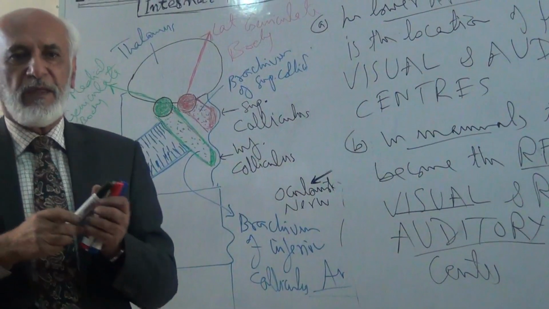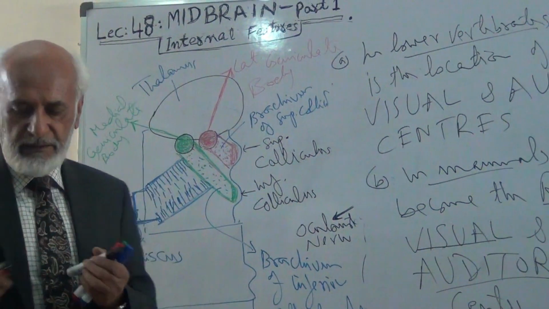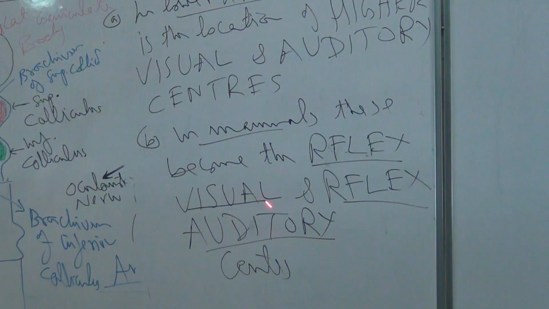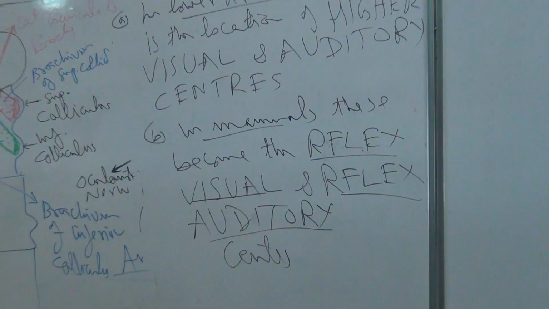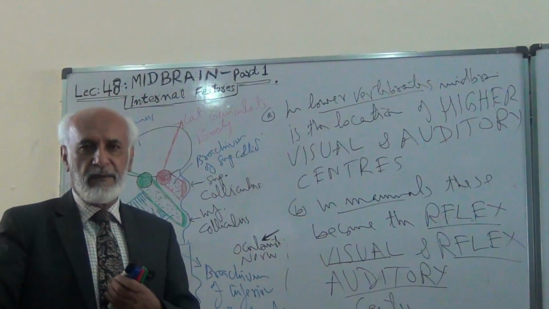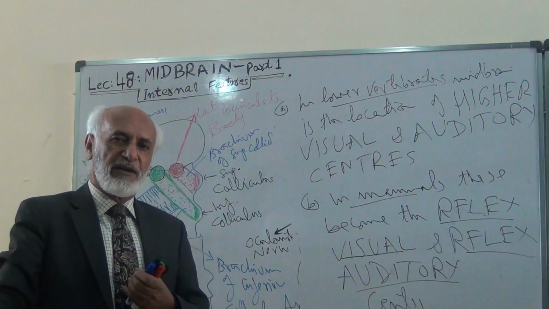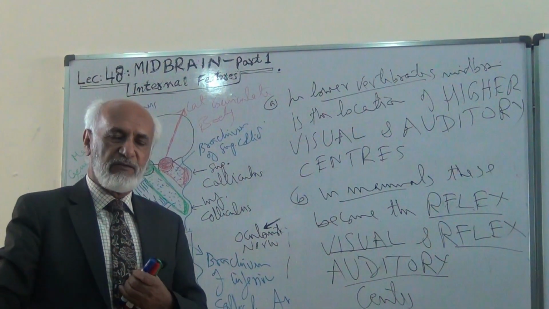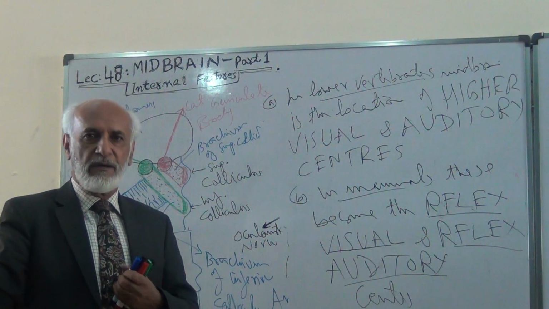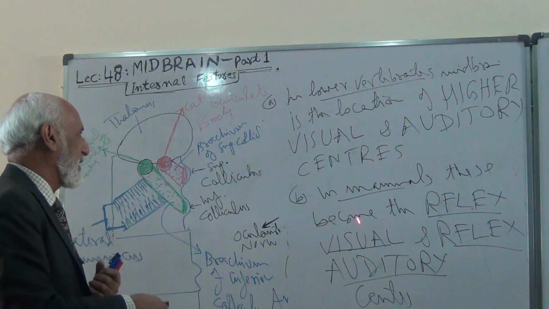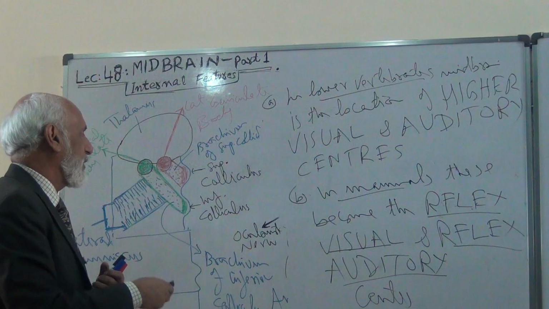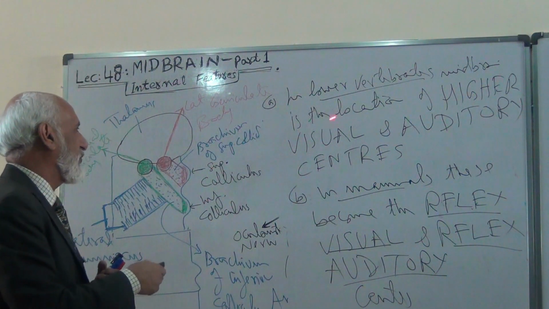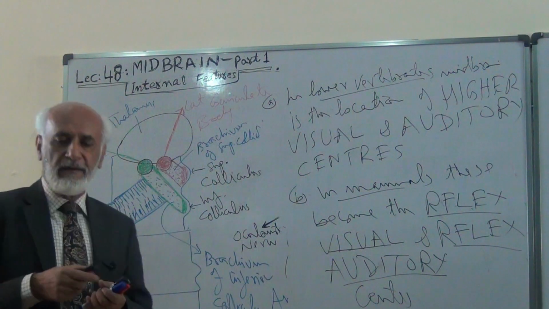In mammals, the higher centers for vision and audition, which were located in the midbrain, are transferred to the cerebral cortex. So higher visual and auditory centers are in the cerebral cortex, but the reflex centers for audition and vision are in the midbrain in mammals. But in lower vertebrates, the higher visual and auditory centers are located in the midbrain.